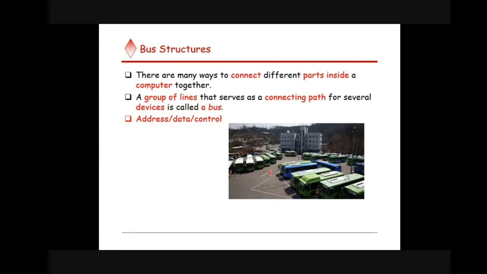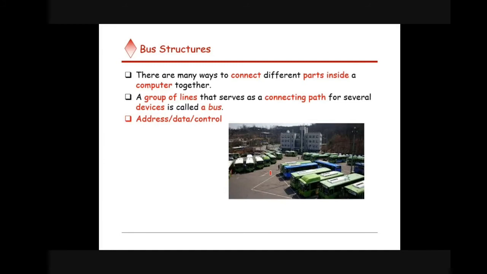Also I told you there are control signals. The control unit performs that work through a set of signals, and those signals should also be transferred from one unit to another. So these are the things the bus will be carrying. If you think of a vehicle, it may carry goods or services or even people. In the same way, the bus we have inside the computing system has to transfer three different things.